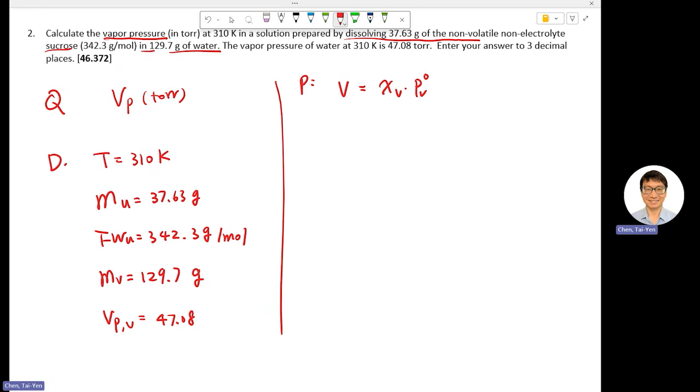If you look at the equation I gave you today, if you go back to that slide, you'll see that's the equation we're going to use. The thing you need to calculate is this, and that means you need the mole fraction of your solvent and also the vapor pressure of the pure solvent.